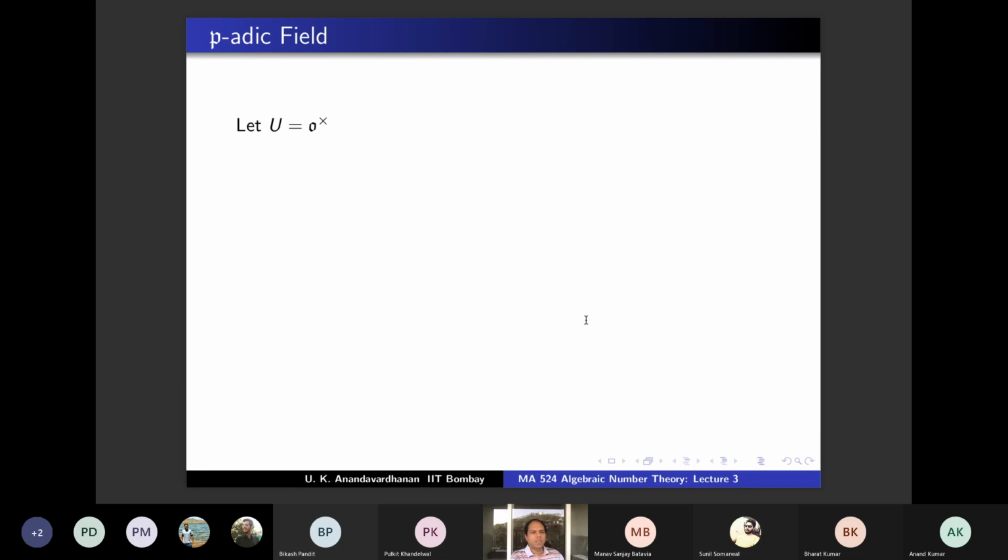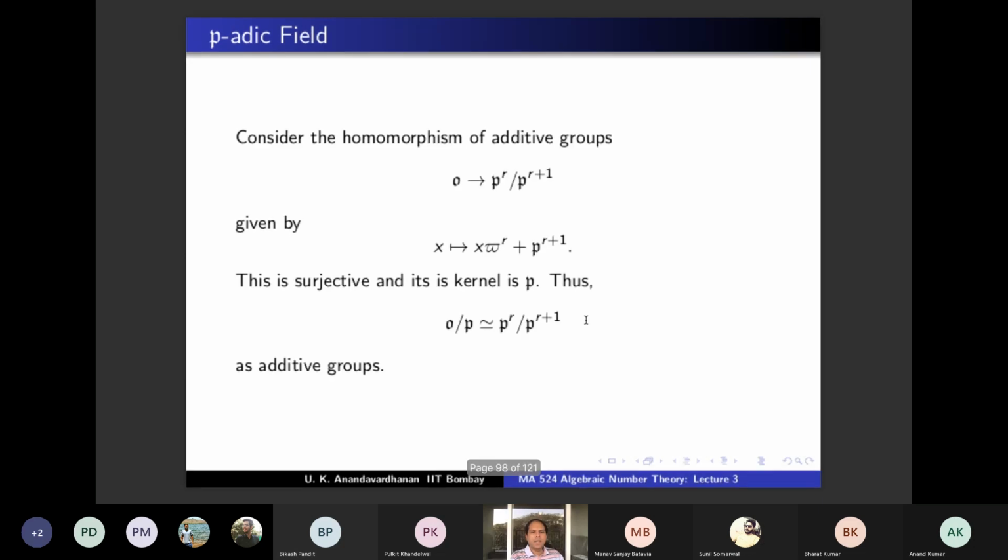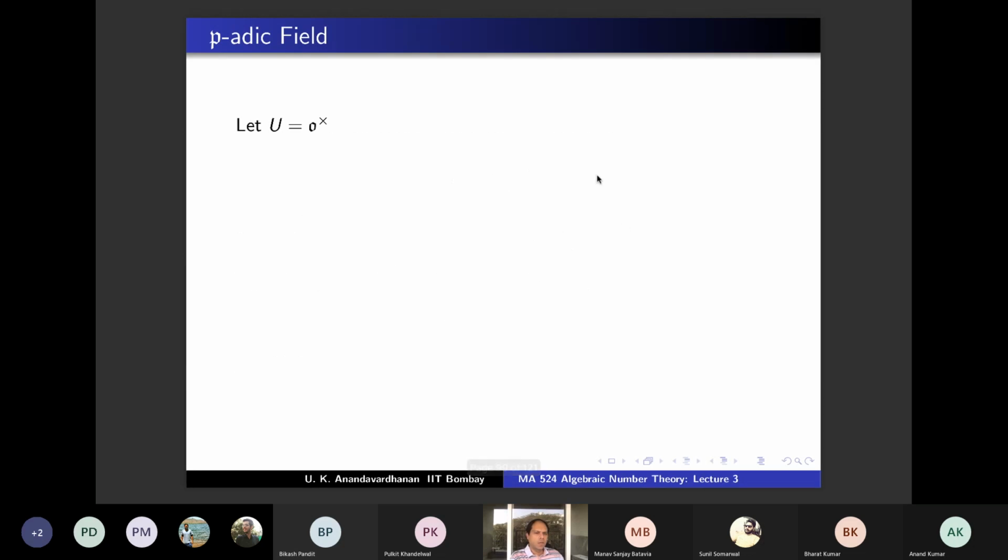Okay, consider the units. That was an additive group we studied. Now we want to study some multiplicative groups. A natural multiplicative group is to take the units of O, call it U, and I'm going to define a filtration there also. U subscript i is 1 plus p power i. What is the meaning of 1 plus p power i? It consists of elements of the form 1 plus x where x is in p power i. That's a set notation.